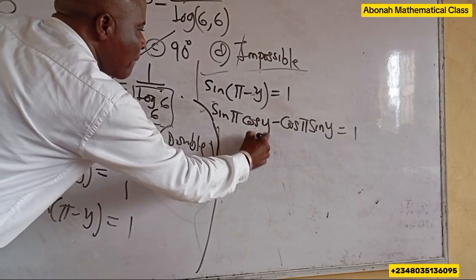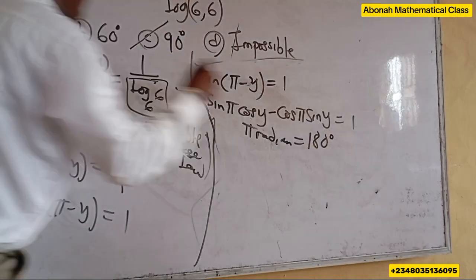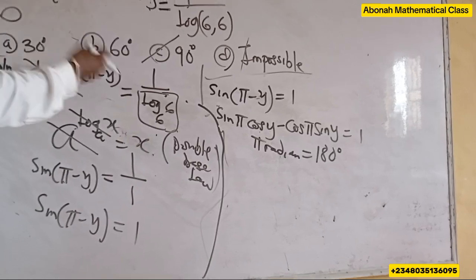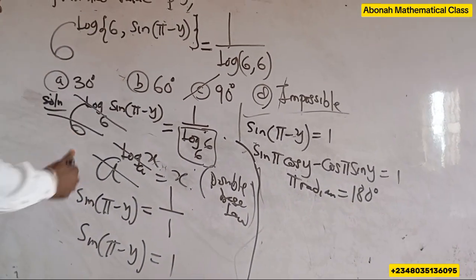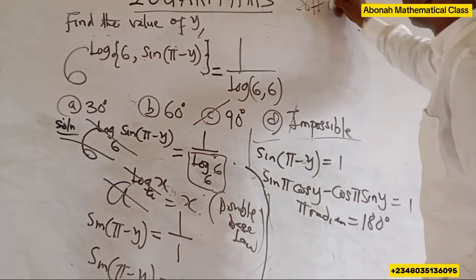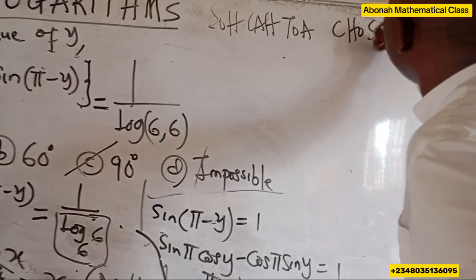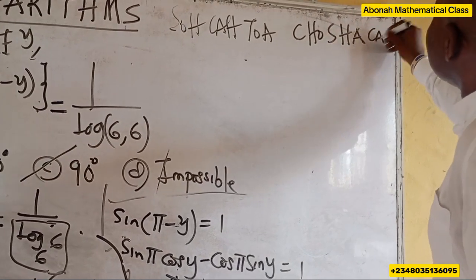Now, I want us to know pi is pi radian here. Why am I using pi radian? Because of the sine, one of the trigonometry ratios given to us. We have 6 trigonometry ratios. SOHCAHTOA and CHOHCAHTOA.